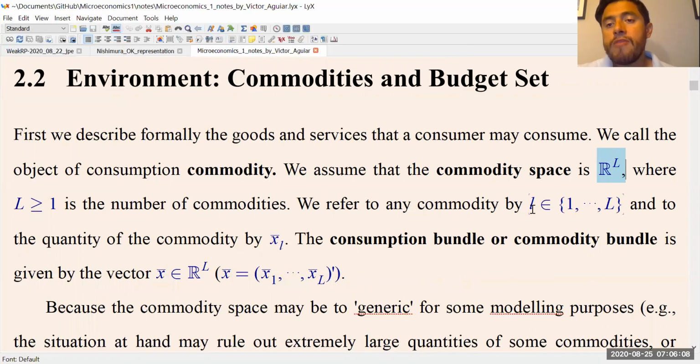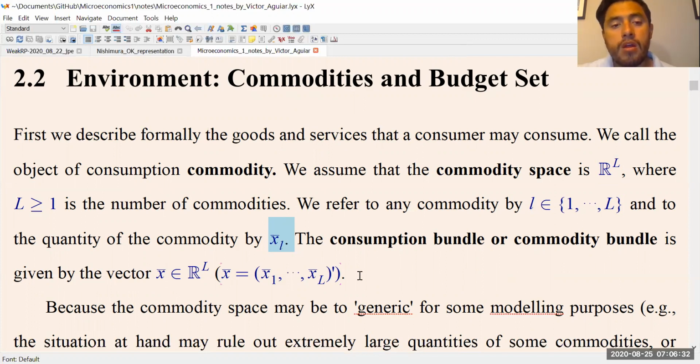And then we refer by the subscript lowercase l to any commodity. In particular, you can think of going to a supermarket and a commodity is pretty much buying something like bread or flour or sugar, right? And the quantity that you consume of such a commodity is given by the amount x sub l.